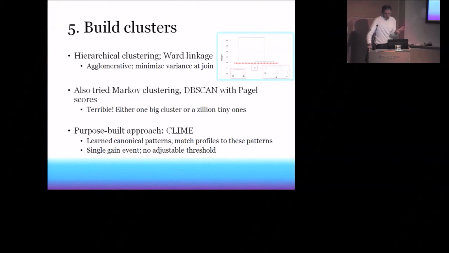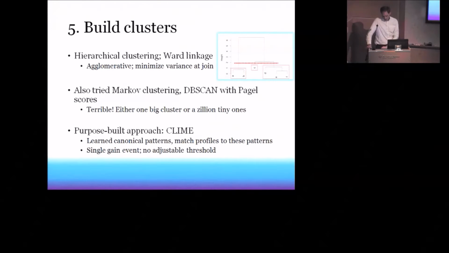And I'm not going to show you those figures either, but Climb worked pretty well, but it had some really perverse cases where this assumption just kind of made things go nutso. And there's also no adjustable threshold. So you run it, you get your results, and you can't really tweak it to say, let's make bigger clusters or smaller clusters. Okay? So for the comparisons I'm going to show you, we cheat. We have our hierarchical clustering, but we try moving that line up and down. Okay? And we see what sort of results we can get.